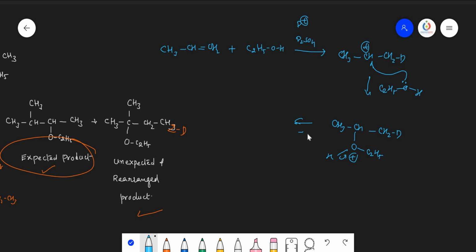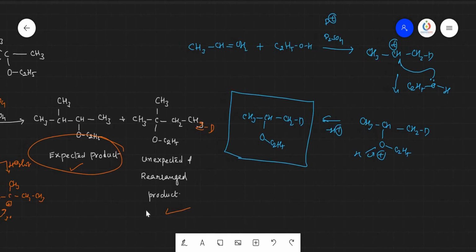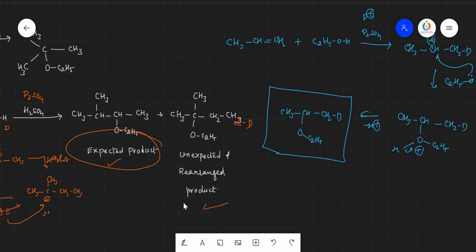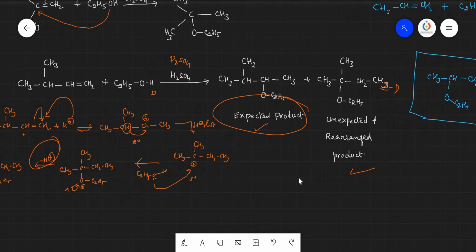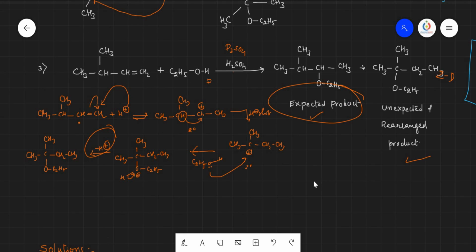This one loses the H+ ion. So that here we get CH3, CHO, C2H5, CH2 and D. So you must remember this type of protonation, deprotonation, and where the H+ ion is going to be attacked. Why? Because whenever carbocations are going to be formed, this type of reactions is so important. So I request you to subscribe to my channel if you understand, and I'll show you the solutions for these questions.